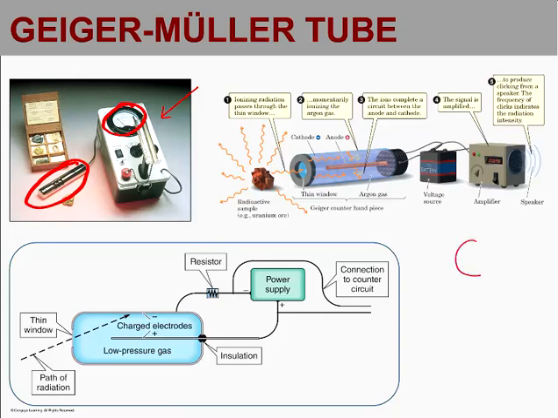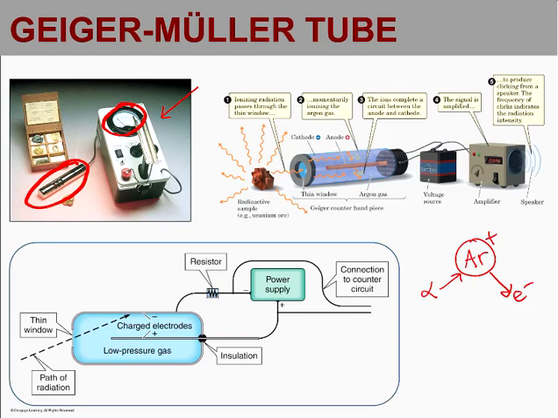So for instance, if we have an argon atom, remember argon has an even number of electrons. It has 18 electrons. But if it's hit with a really high energy alpha particle, for instance, argon might lose an electron and become positively charged as a result.